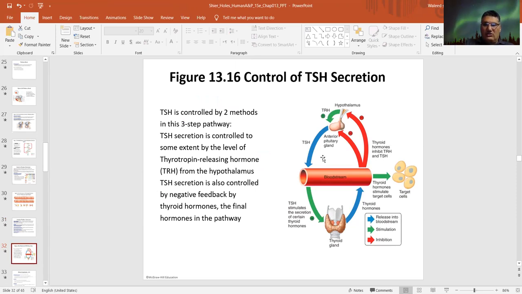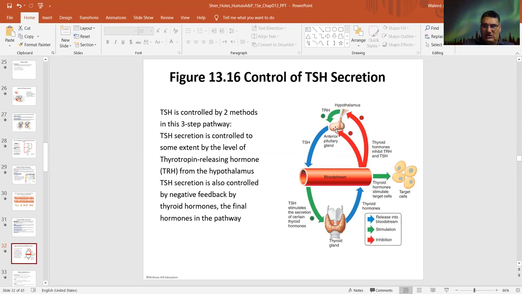So if we talk about the thyroid hormone as an example, the hypothalamus secretes TRH, which is thyrotropin releasing hormone. That's not understandable by the thyroid, so we cannot send it to the thyroid.